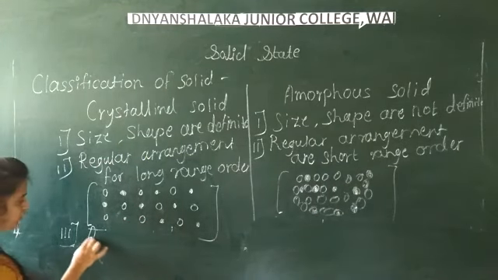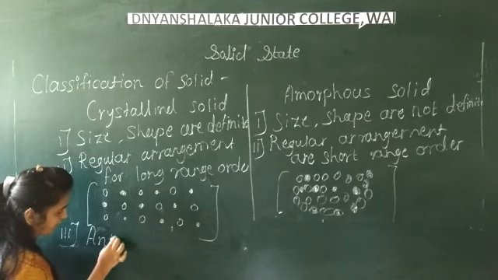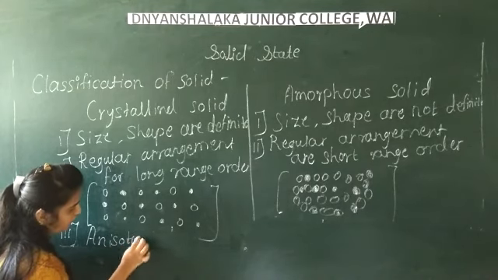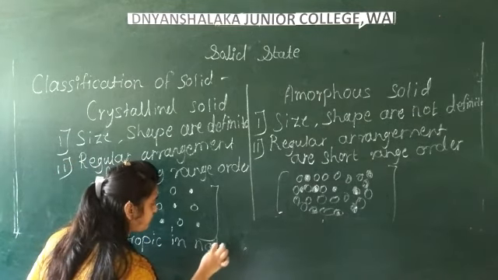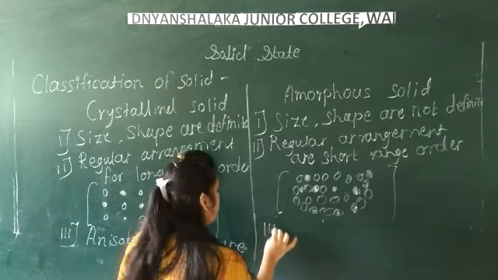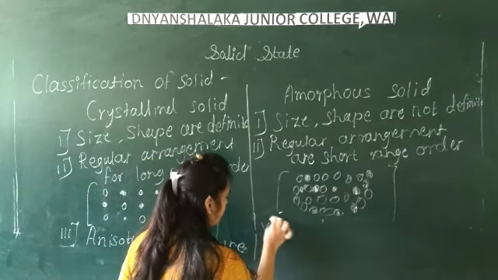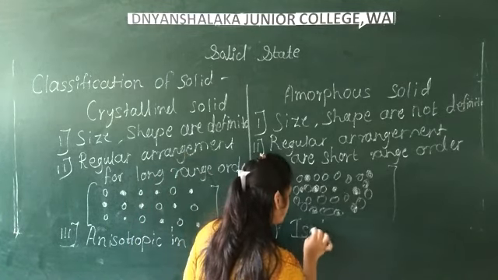Next important point in classification of solid: crystalline solids are anisotropic in nature, but amorphous solids are isotropic in nature.